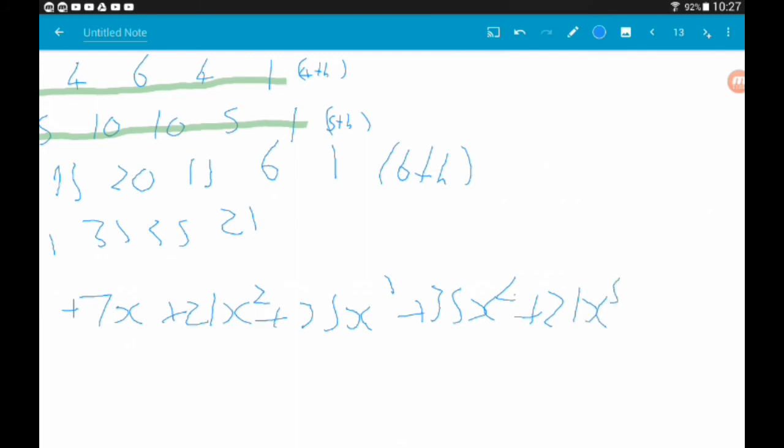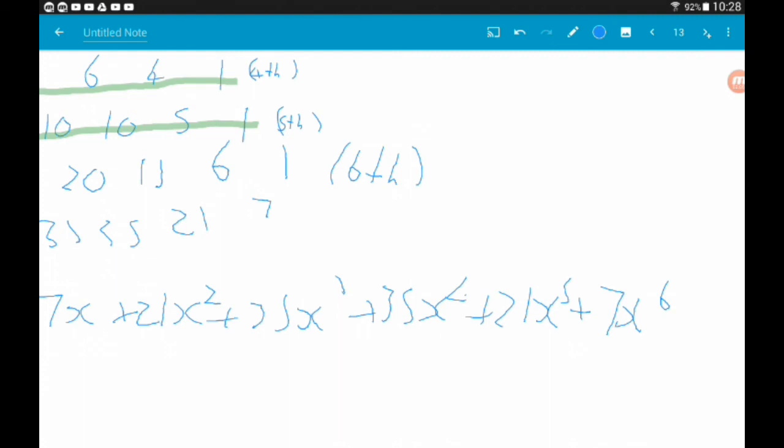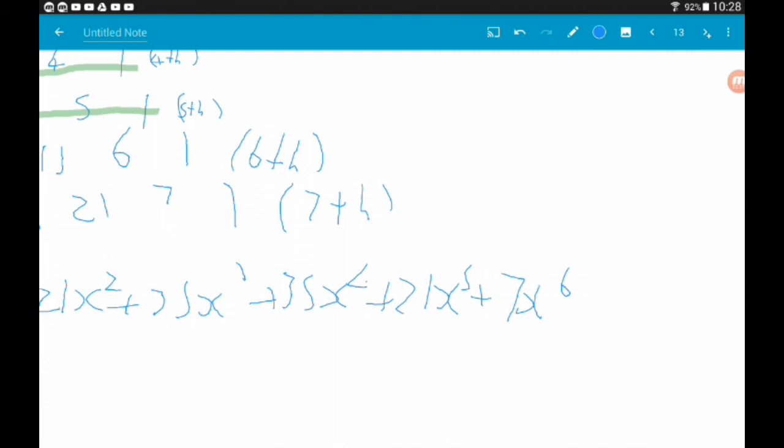And then we've got 6 add 1, which is 7, so we got 7x to the 6. And then finally, we're going to have our 1 at the end. So there's our 7th row. And that's going to give us then our final term, x to the power of 7.